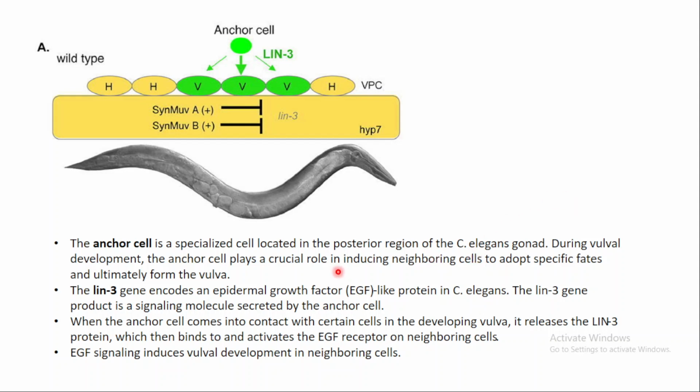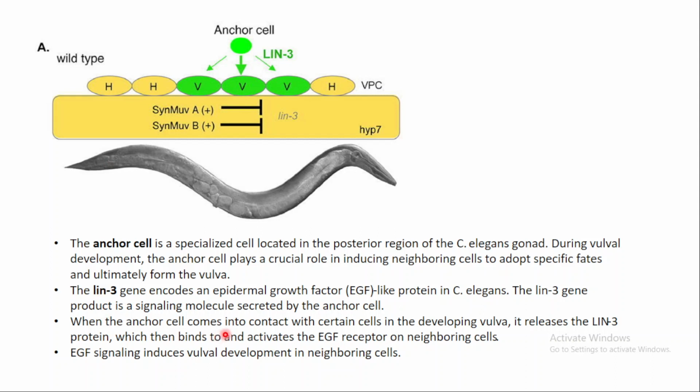Lin3 is a gene which encodes an EGF like protein in C. elegans, and the Lin3 gene product is a signaling molecule secreted by the anchor cell. So the anchor cell will secrete Lin3, which will then influence its neighboring cells to become the vulval cell.